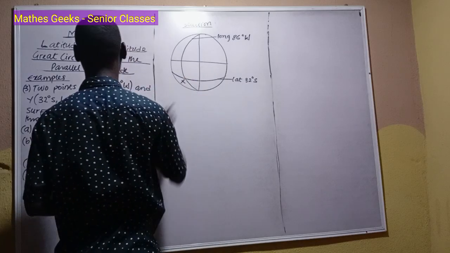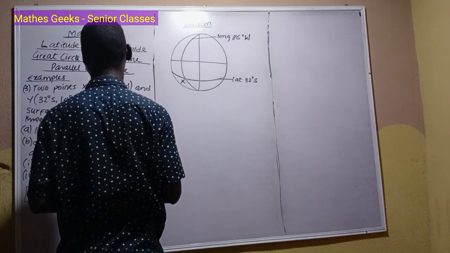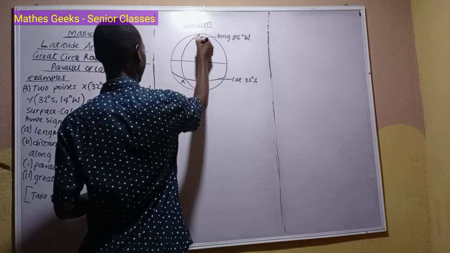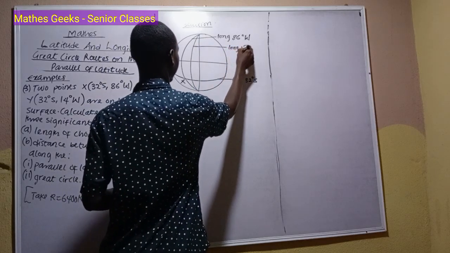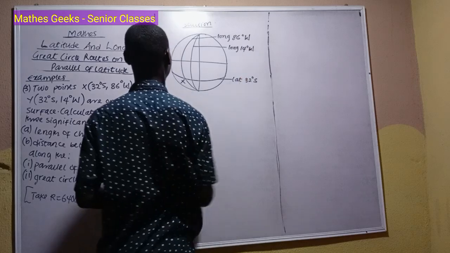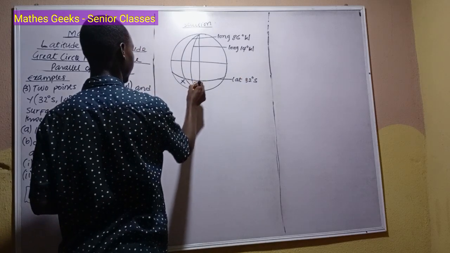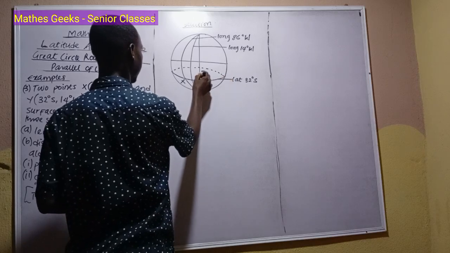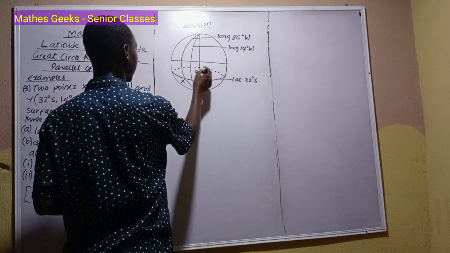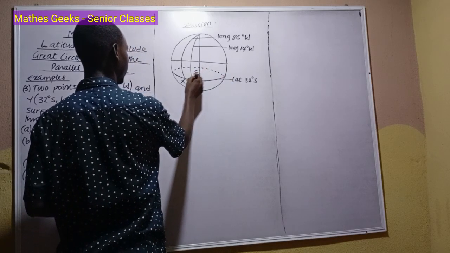Y is 32 degrees south, longitude 14 degrees west. The center of this small circle is C.